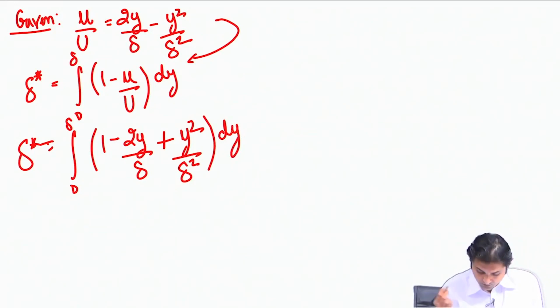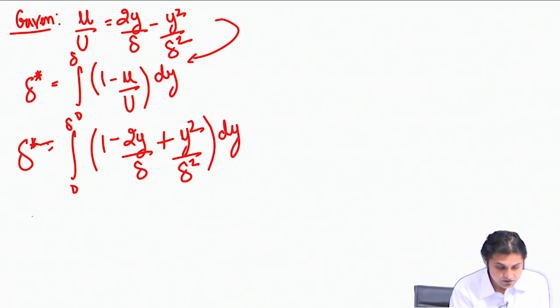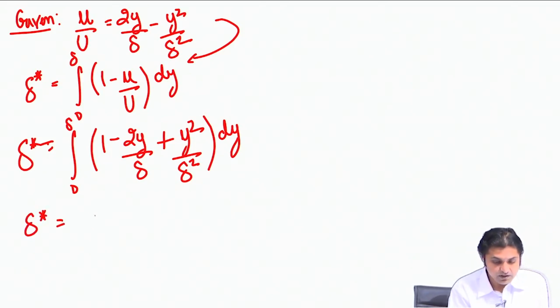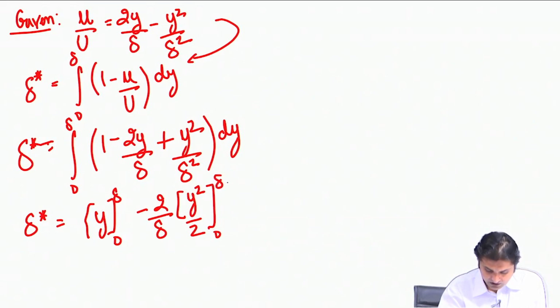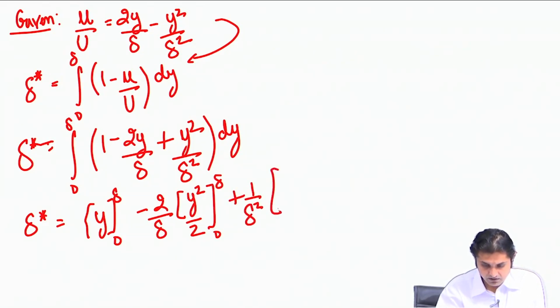So, now there are 3 terms to integrate. All right. So, we are going to do delta star is equal to, this 1 into dy will be y from 0 to delta, minus 2 by delta, y square by 2 from 0 to delta, plus 1 by delta square is constant, and this becomes y cube by 3 from 0 to delta.